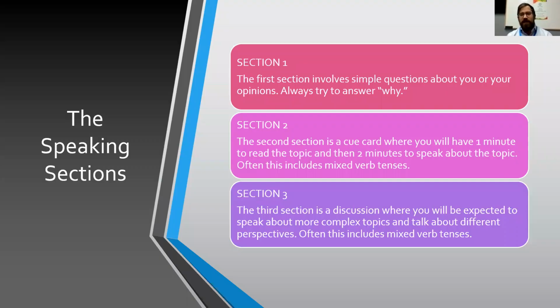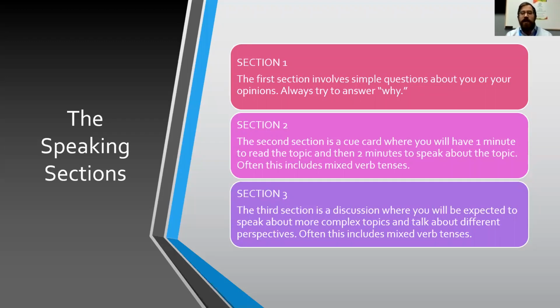So what are the speaking sections? Well, section 1, the first section, it always involves simple questions about you or your opinions. The most important tip for section 1 is to always try to answer why. Section 2 is actually a little different from the other 2 sections. You get a little cue card with some questions on it, and you have 1 minute to read the card and take some notes if you would like.